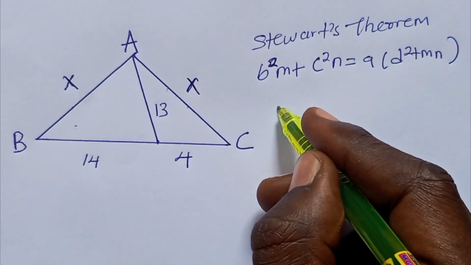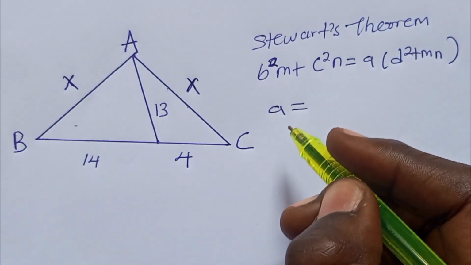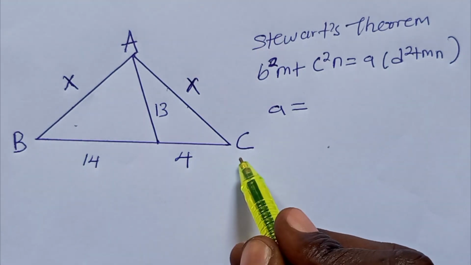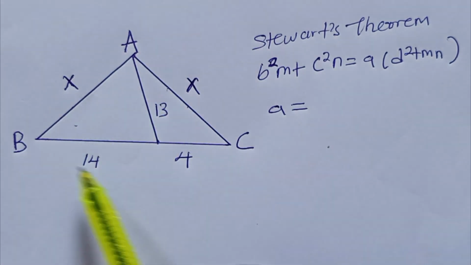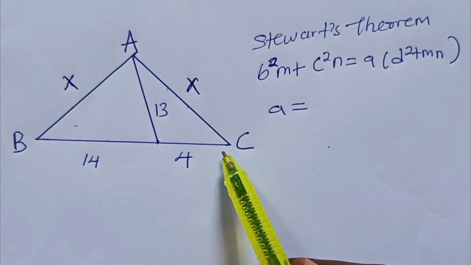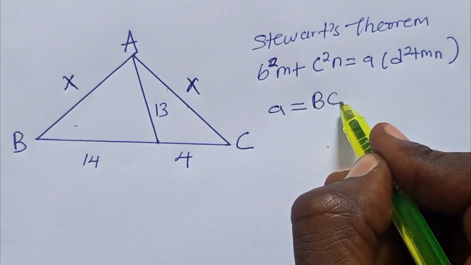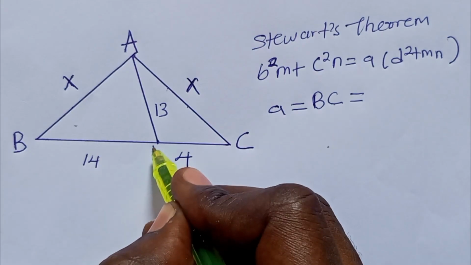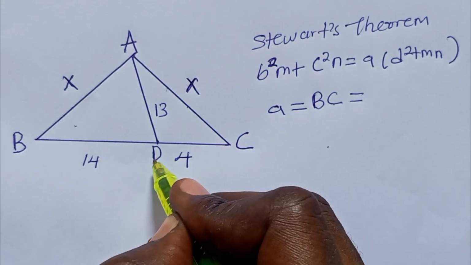So what is a in our Stewart's theorem? Our a is the entire base of the whole triangle, which is BC. Let's label this point D here so that it should be easy for us.